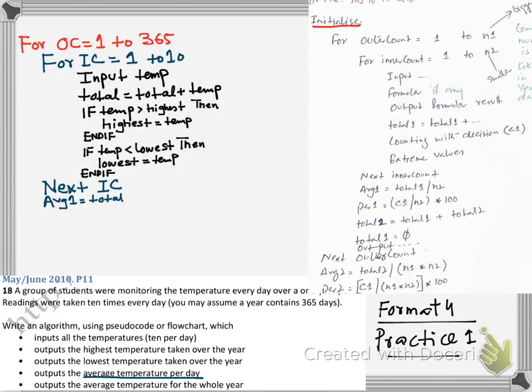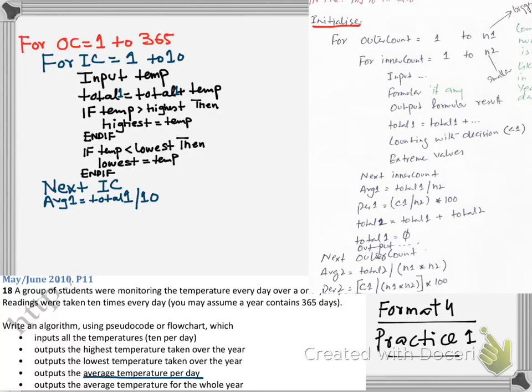This should be total 1 plus, so we use same here, total 1 divide by n1 n2 which is basically 10.